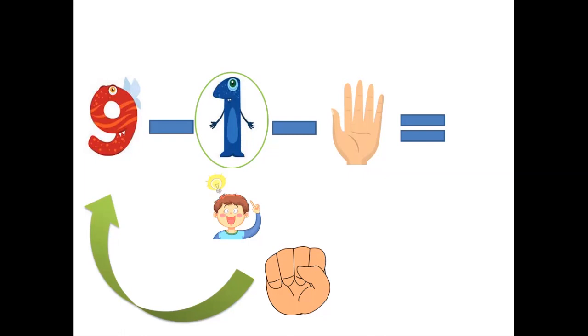Count with me, please. After 1: 2, 3, 4, 5, 6, 7, 8, 9. And then I will see how many fingers I have. How many fingers do you have? 8 fingers. Good job. And write it here and put it here.